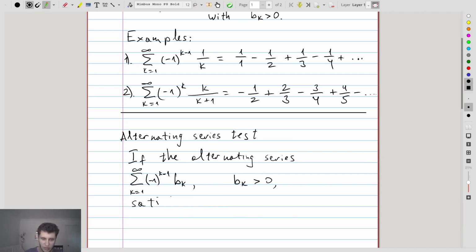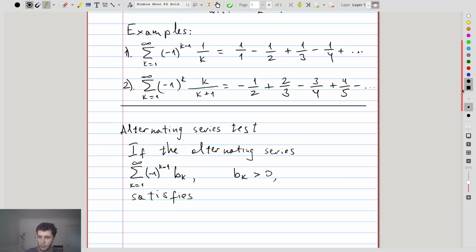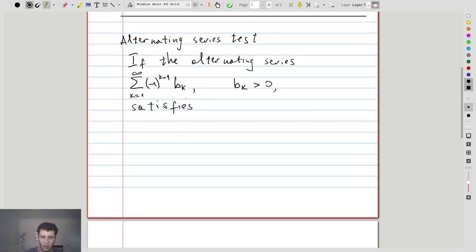So if this series additionally satisfies two conditions, the two conditions are the following. First, b_(k+1) is less than or equal to b_k. In other words, the absolute values of the terms of our series are decreasing.